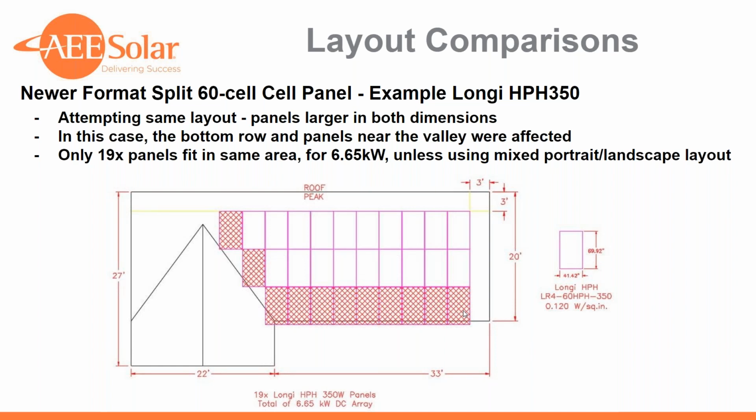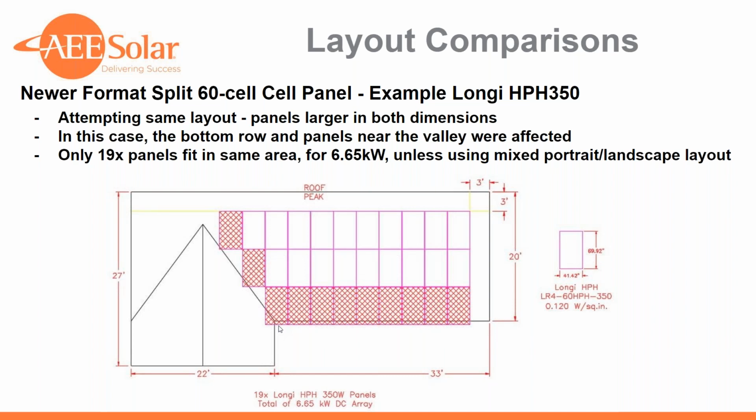So in addition to not being able to squeeze in this third row of portrait, we're also not able to get these last 3 modules here along the roof valley. So pretty unfortunate. Again, we didn't cherry pick this roof.